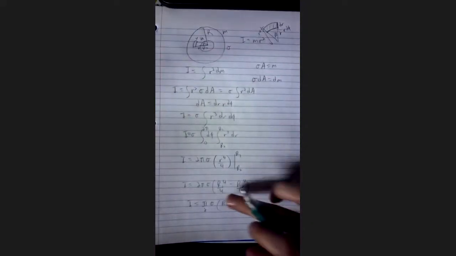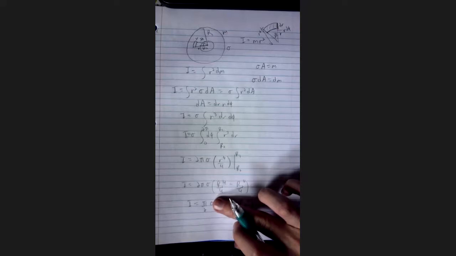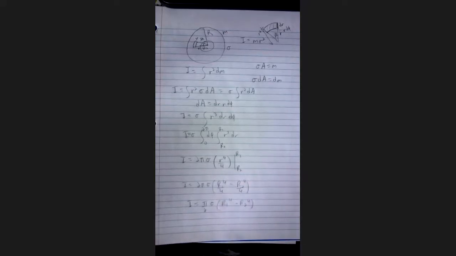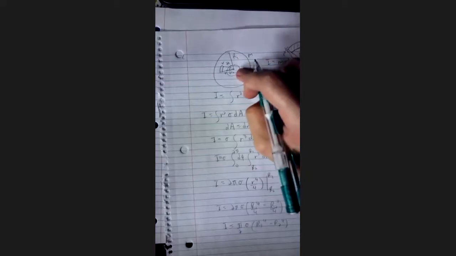Now we don't want our moment of inertia in terms of sigma. We want it in terms of our total mass. So our total mass is our area times sigma. The area of our entire washer here is the area of this outer circle minus the area of this inner circle that we're missing.